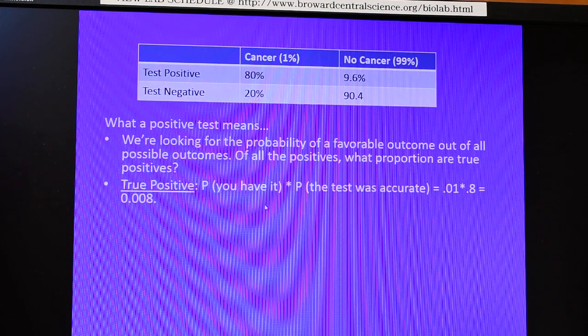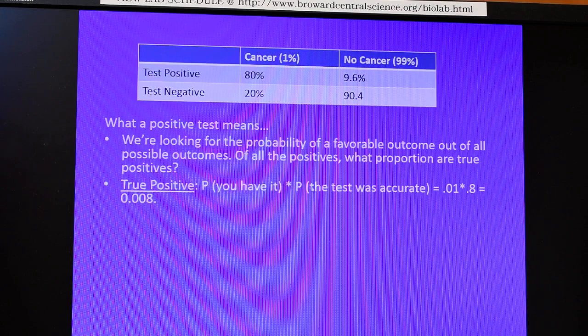All right, so to do that, first of all, you have to figure out what a true positive means, like how likely is that. So to get a true positive, 2 things have to happen. You have to test positive, there's an 80% chance of that, and you have to be in the cancer group.